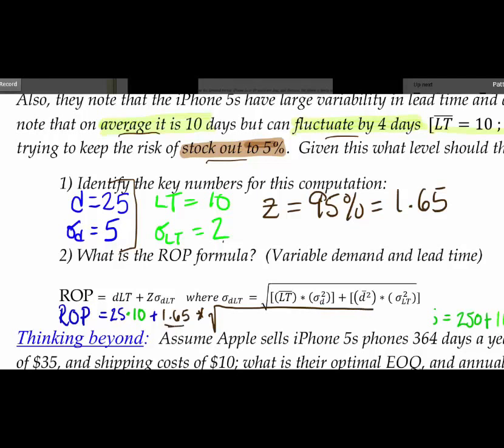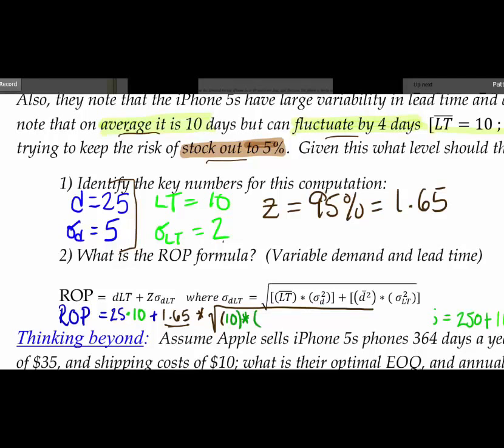And now we'll go ahead and put this stuff underneath the radical. So we need the average lead time, which we know is going to be 10. And we're going to multiply that by the standard deviation of demand squared.